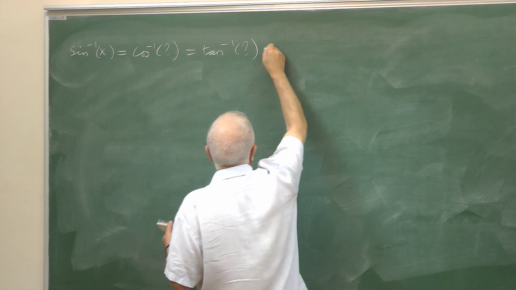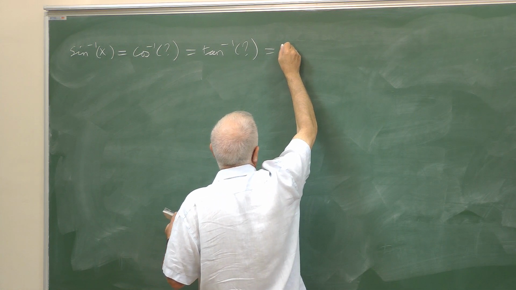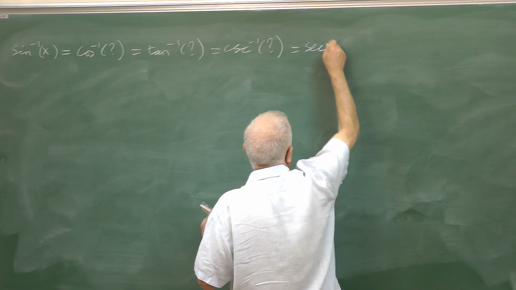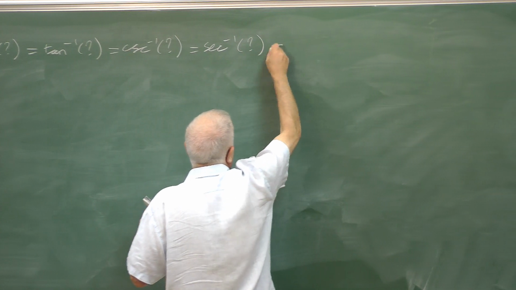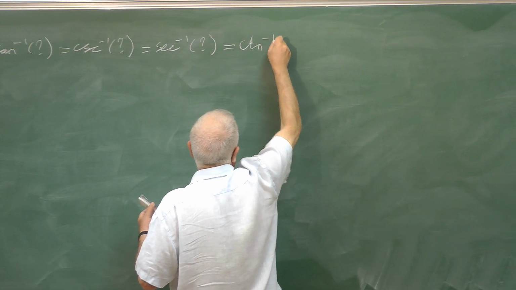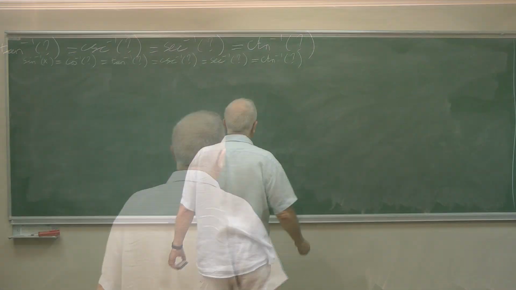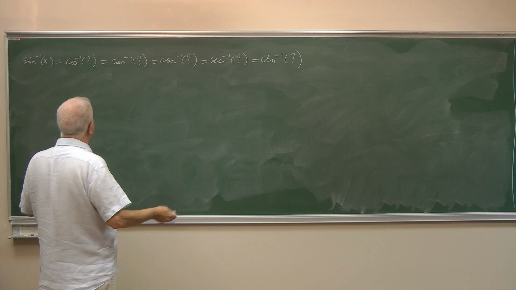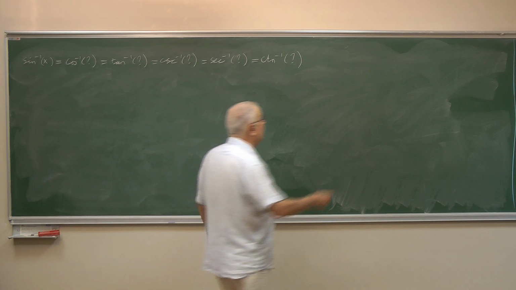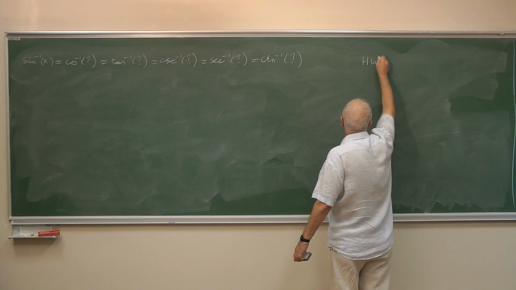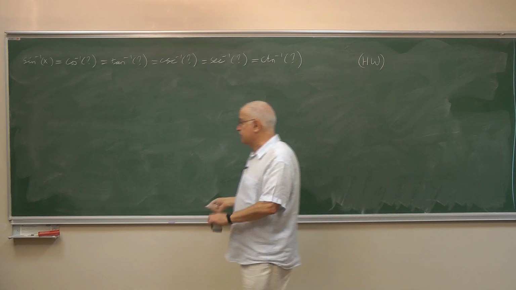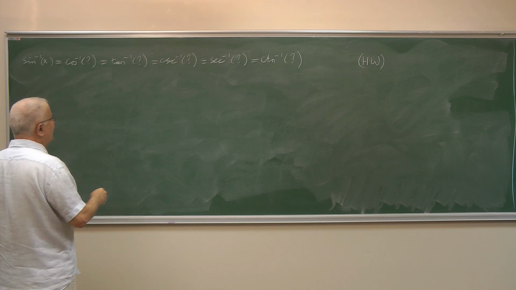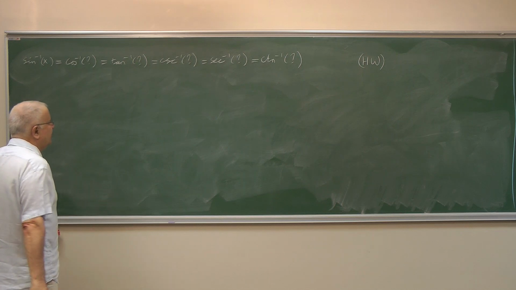Something else, which is inverse cosecant of what? Or inverse secant of what? Or inverse cotangent of what? So 5 question marks here, which should perhaps be done by both methods, by geometry and by algebra. Doing it by algebra and checking by geometry is my recommendation.